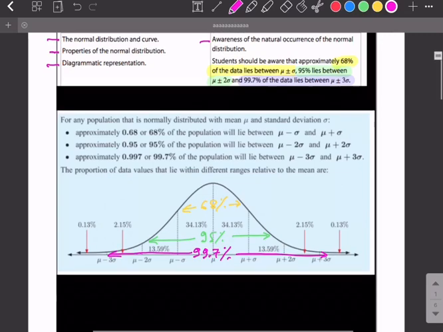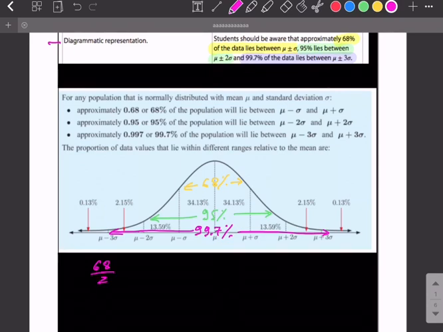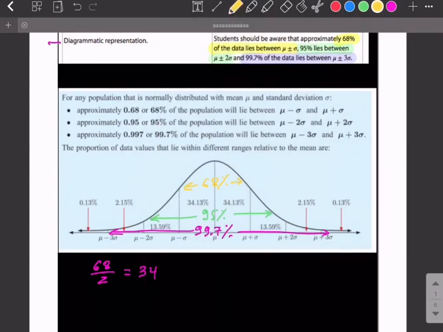Now, a couple of numbers that you should know. 68 divided by 2 gives you 34. So you have, let me change my color here, 34% and 34% here, roughly.